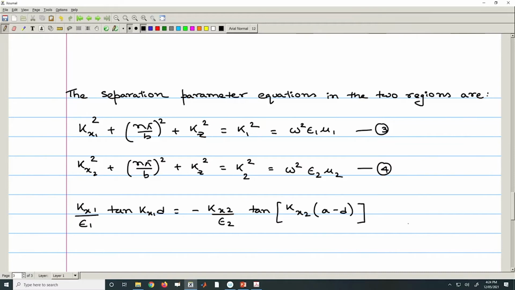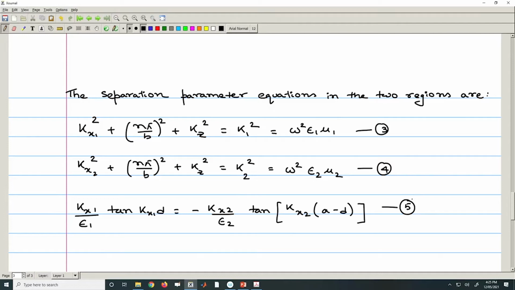Okay. So, let us denote this as equation number 5. Now, both kx1 and kx2 are functions of kz, and this equation we can call a transcendental equation for determining all the possible kz's, that is, the mode propagation constant.